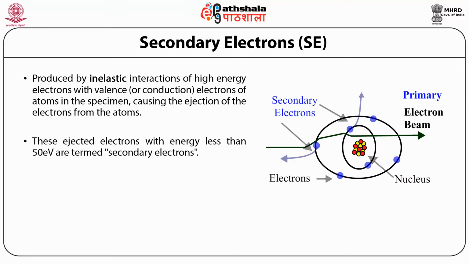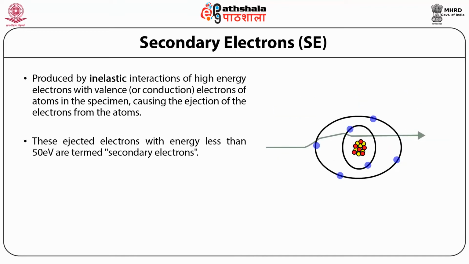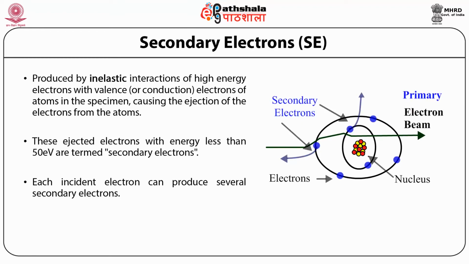These ejected electrons with energy less than 50 electron volt are termed secondary electrons, and each incident electron can produce several secondary electrons.